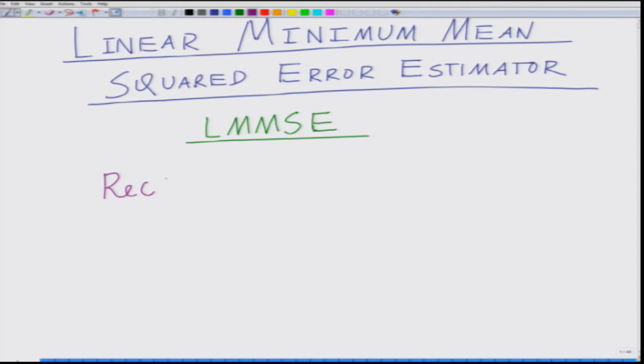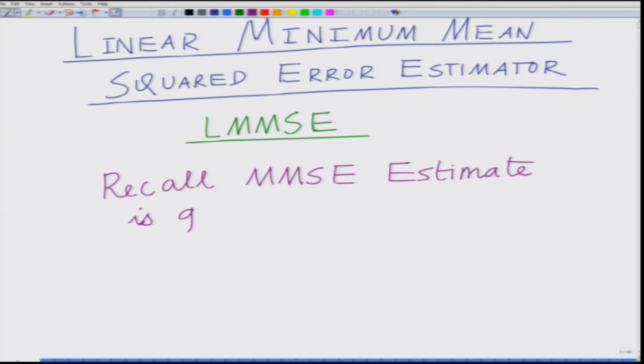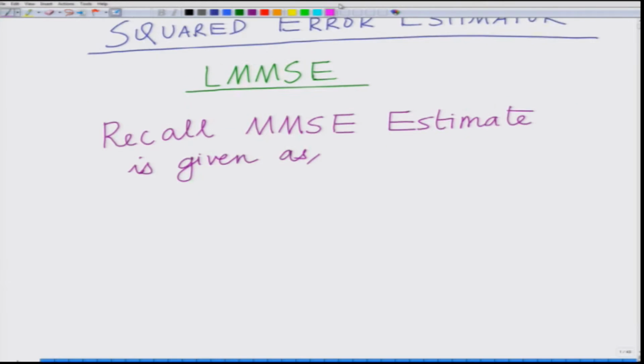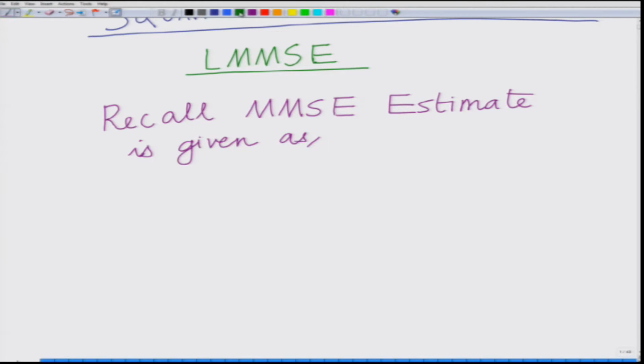Recall that the MMSE estimate is given as h hat equals the expected value of h given y bar.